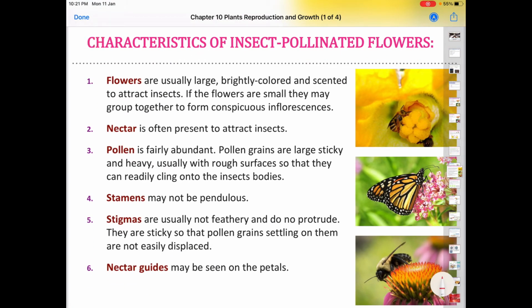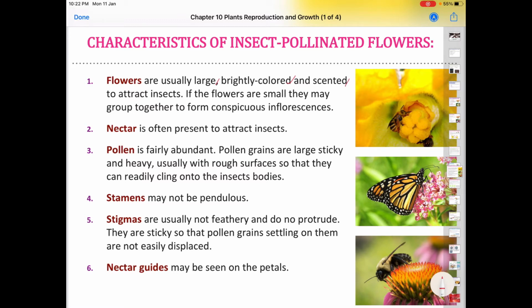Now we go into the characteristics of insect-pollinated flowers. What are the characteristics of plants that are usually loved by this kind of insect? The first one is the flowers. Usually the flowers they are attracted to are large, brightly colored, because bright colors are more attractive, and scented.